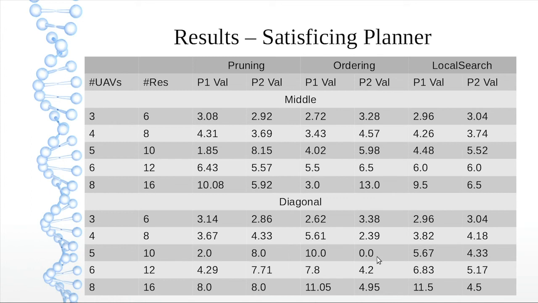The reason for that is not just that the heuristic doesn't give a perfect estimate, but also that sometimes when the satisficing planner is used, the plans are not of the best quality. In this case, it simply was a poor quality plan for player 2, which somehow couldn't be improved, and that led to this result.